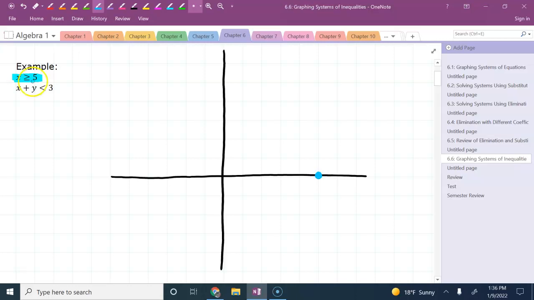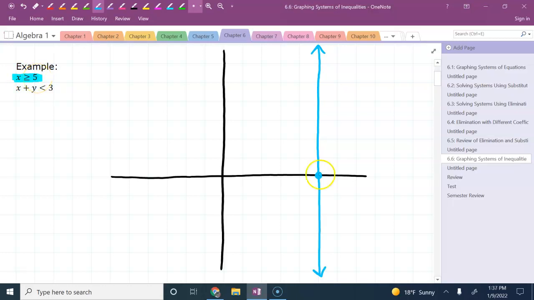Now if you look at your inequality sign, this one says greater than or equal to. So if you remember from our rules in chapter 5, that means that you're going to have a solid line. So up and down through this point, we're going to draw a straight solid line here. Now, if we think about what side of the line we want to shade on, this says that x needs to be greater than or equal to 5.